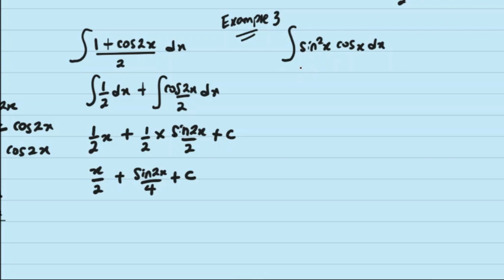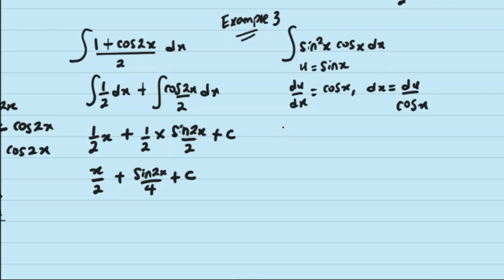So we'll let u be equal to sine x. If u is equal to sine x, we know that du/dx is going to give us cos x. Since du/dx is equal to cos x, it means that dx is going to give us du divided by cos x.